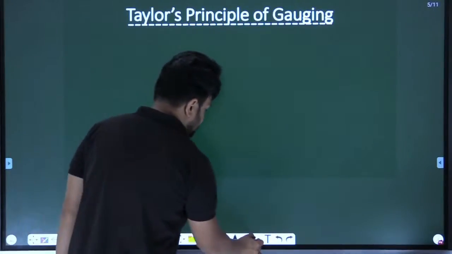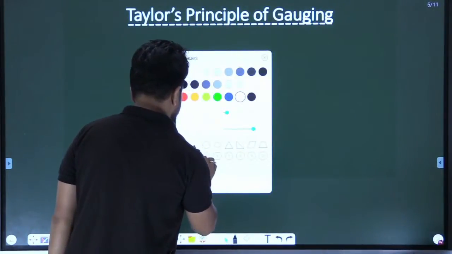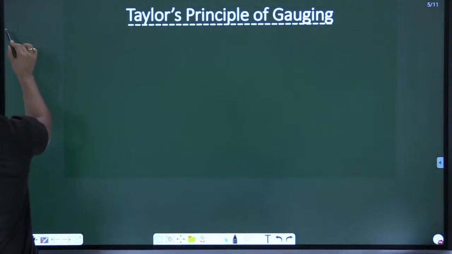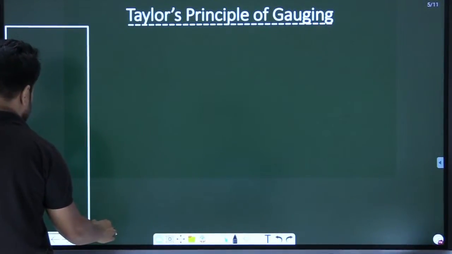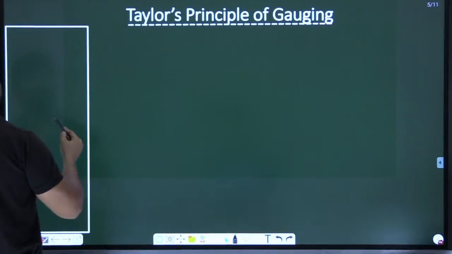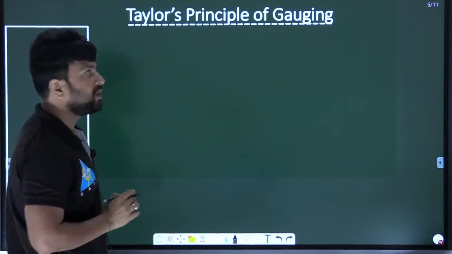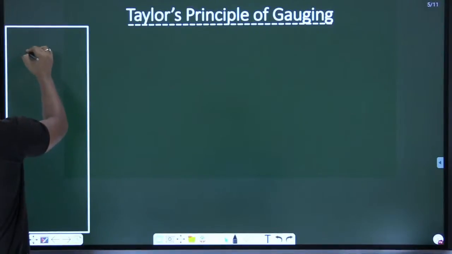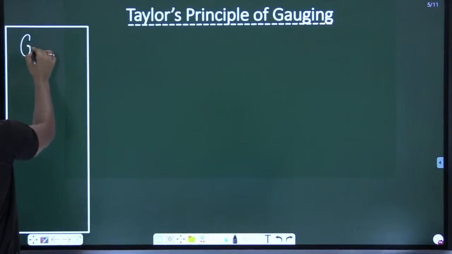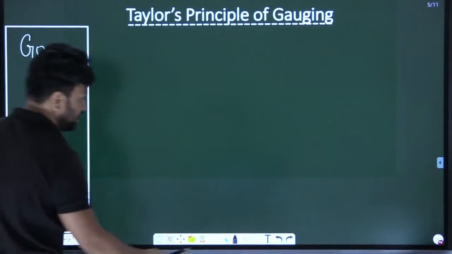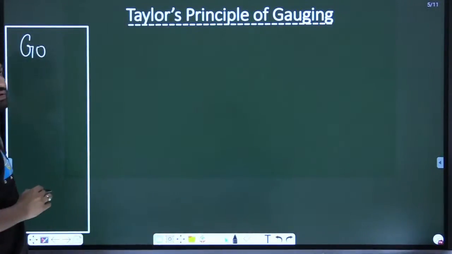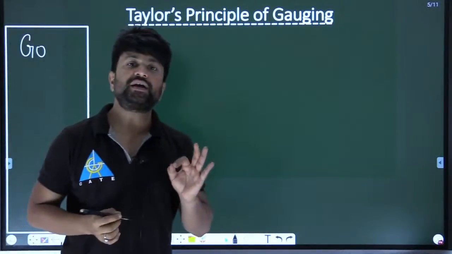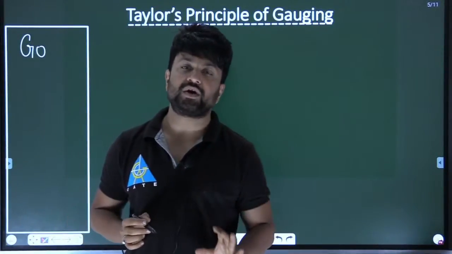Let me write down how we should design the go gauge. First of all, I will talk about go. Taylor says you have to design go in such a manner that it should cover the maximum material of the product.